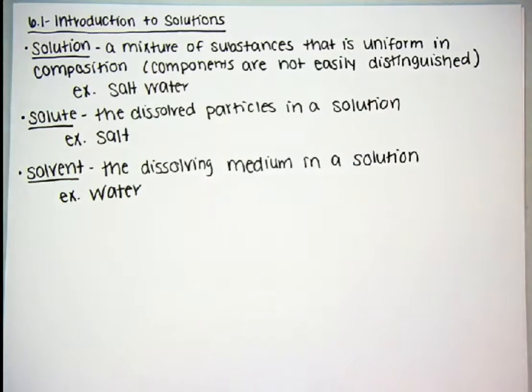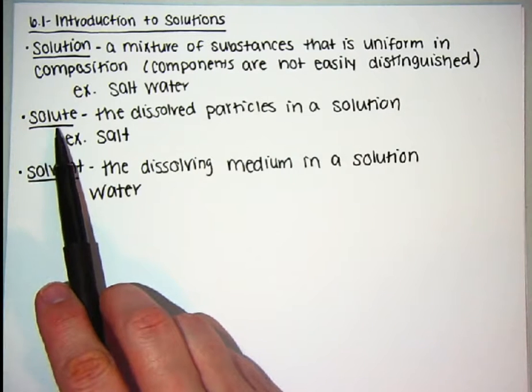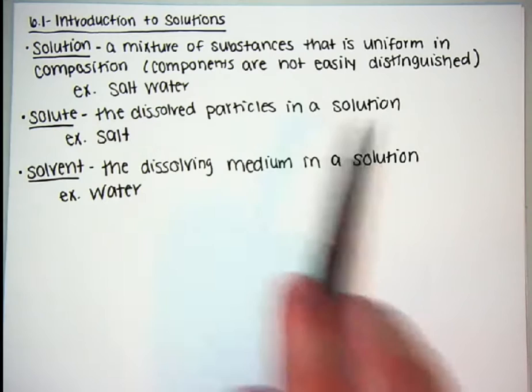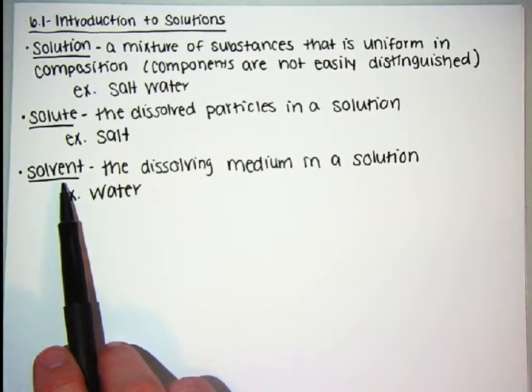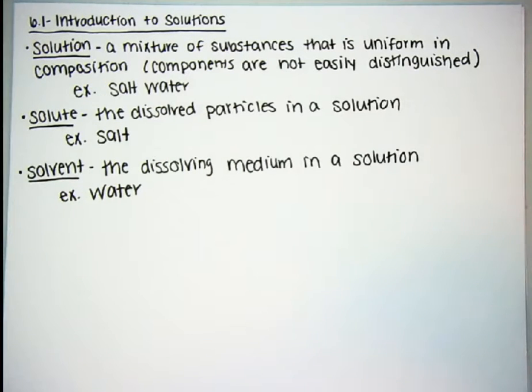The solvent is whatever the solute is being dissolved in. A lot of times it's water, but not always. Another example would be, let's say you wanted to put some sugar in your coffee. So the sugar is being dissolved in the coffee. So sugar would be the solute because it's being dissolved. The coffee would be the solvent because that's what the sugar is being dissolved in.